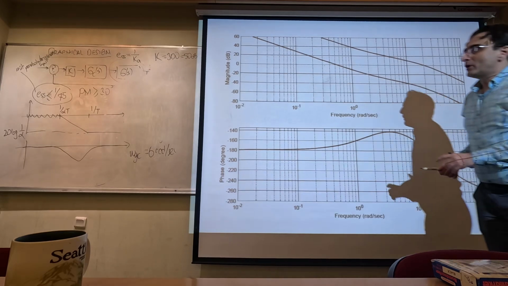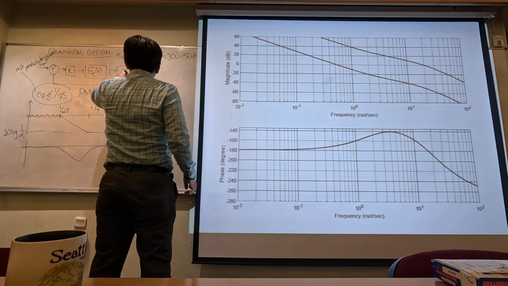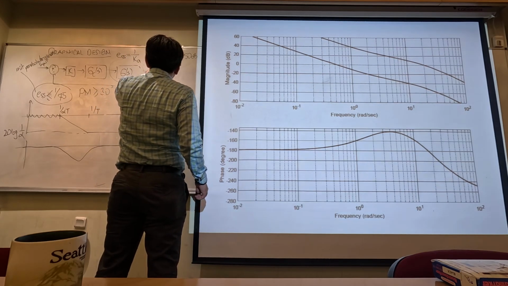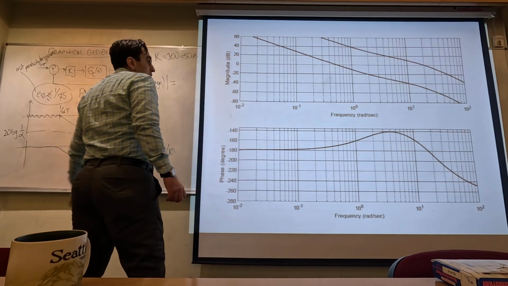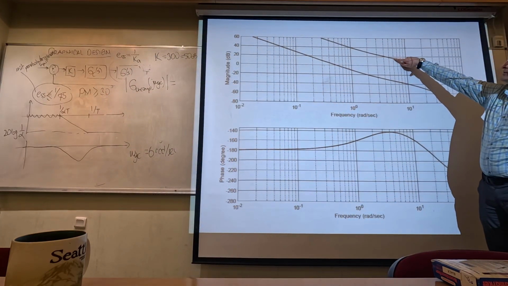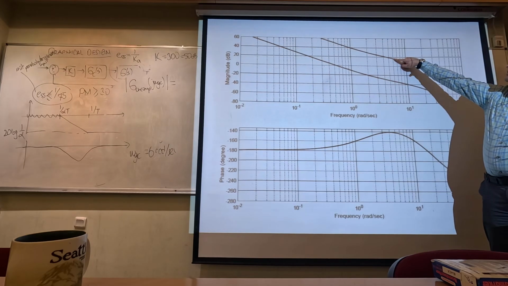Now what is the gain of the system at that frequency? G uncompensated at j omega gc. What is the gain there at 6 radians per second? So approximately what is this? 17.